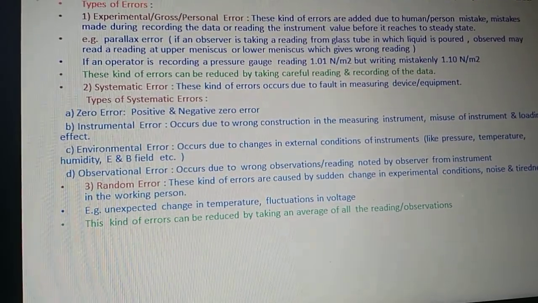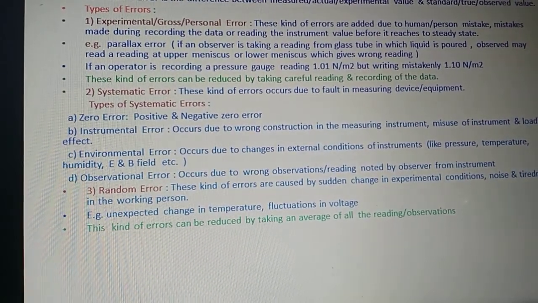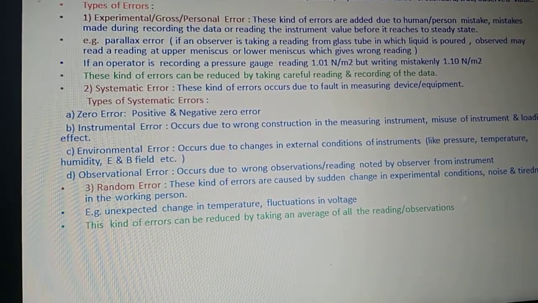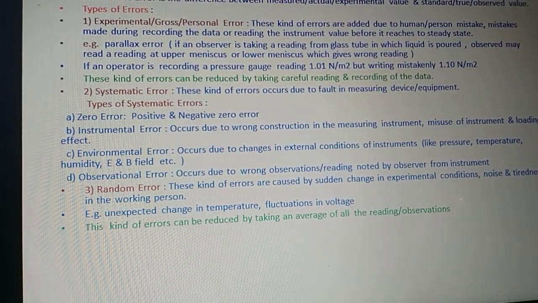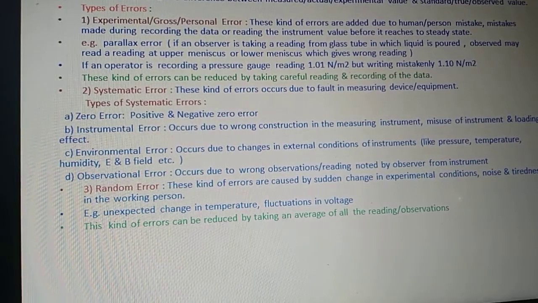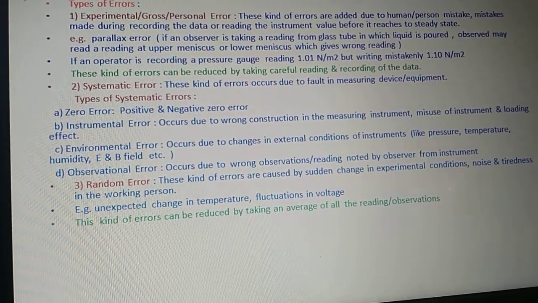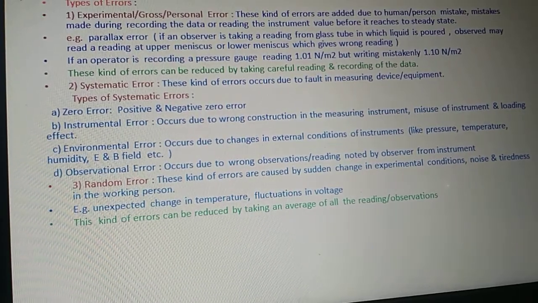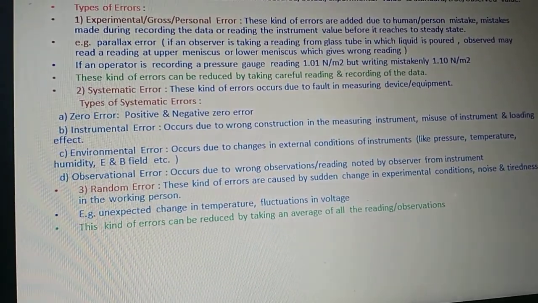The first kind of systematic error is a zero error, and this kind of error you have been studying since the 11th standard, and I'm sure you have used and calculated zero errors while doing experiments in the lab in the 11th and 12th standard and in the undergraduation also.